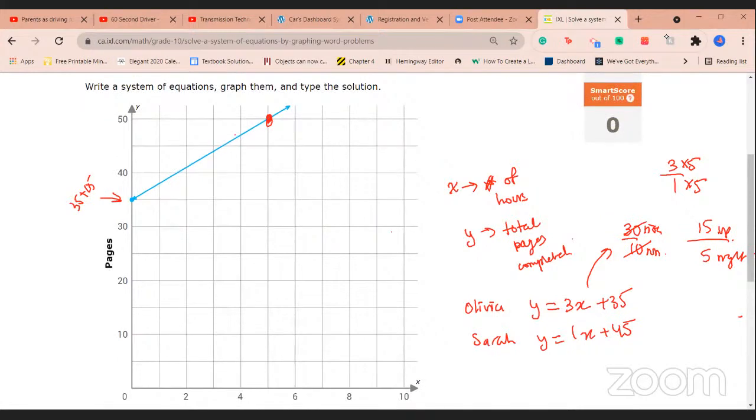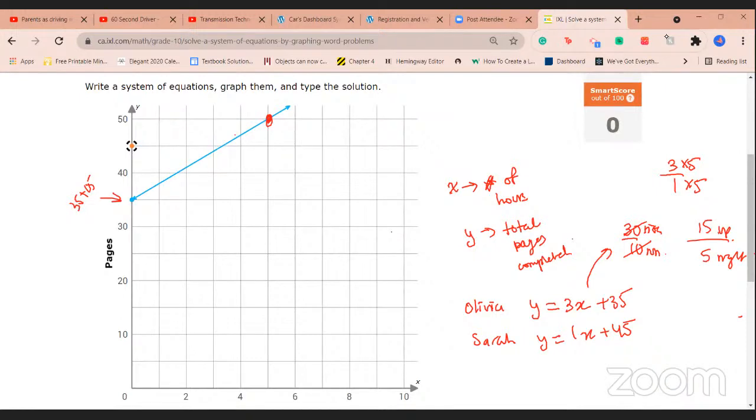What would the y-intercept be for Sarah? 45.